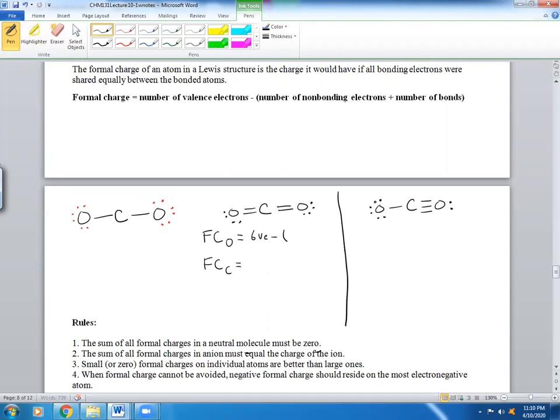Meaning how many of those non-bonding electrons do you have? You have 1, 2, 3, 4. Plus 1, 2, 3, 4. Plus, how many bonds does it have? 2. 1, 2.